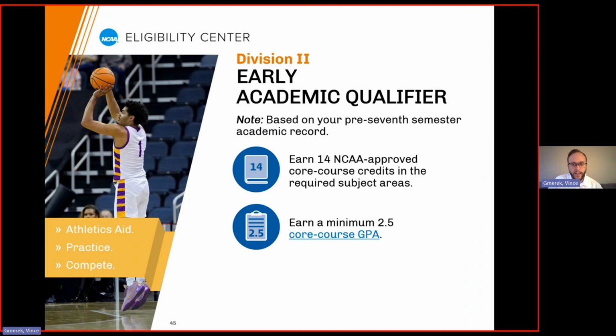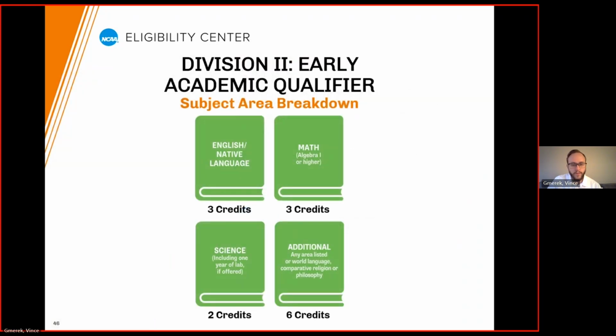You have to earn 14 NCAA approved core course credits in the required subject areas, but Division I required a 3.0 GPA and Division II only requires a 2.5 GPA in those early core courses. Here's the crediting breakdown for Division II early academic qualifiers.